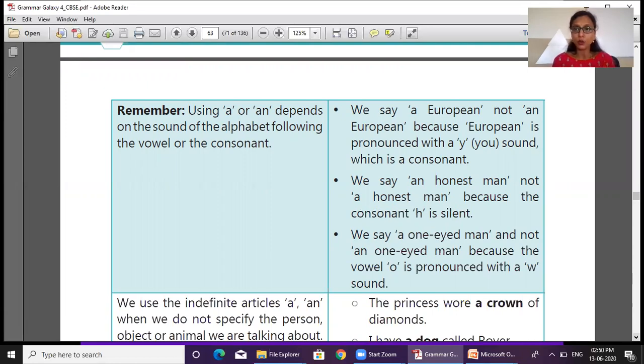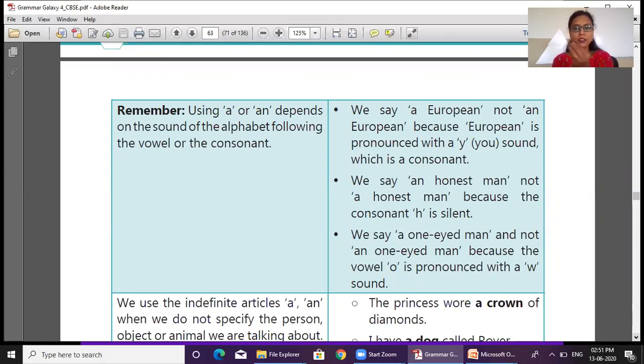The word European begins with the letter E, but what is the starting sound? Y. Y is a consonant sound. So we use a in front of it, not an. You should observe the sounds with which words begin. Y sound.